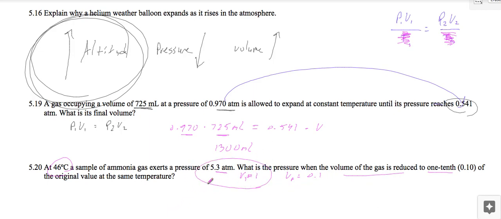Here is my initial information, here is my final information, and plug things in. So 5.3 times 1 is equal to our pressure, which is what we're looking for, times 0.1. Do our math, and we end up with a value of 53 atmospheres. Look at that. All right, next one.